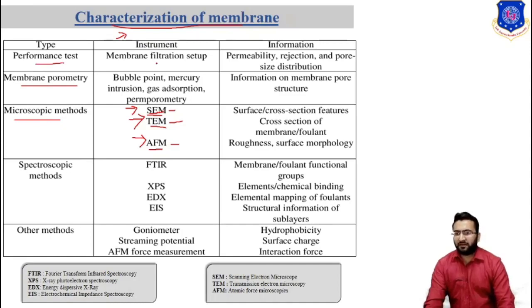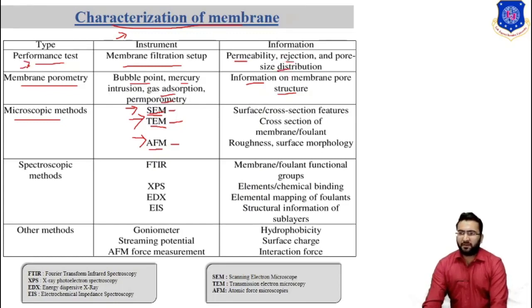In this method, we use a membrane filtration setup and other equipment such as bubble point, mercury intrusion, gas adsorption and permeometry, which give information on pore structure, where the membrane filtration setup is used to find out permeability, rejection and pore size distribution.